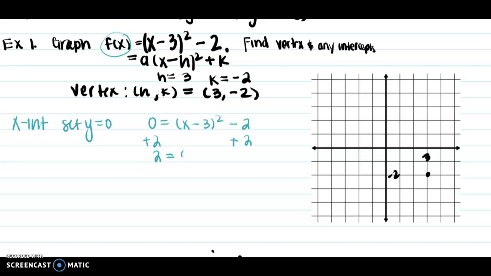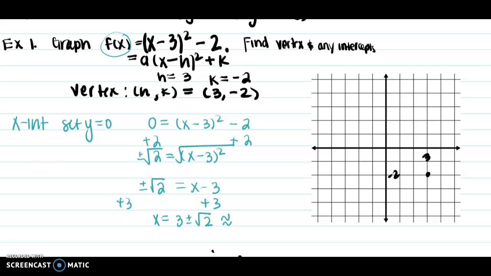You get 2 equals (x minus 3) squared, and then you square root both sides, plus or minus, and then add 3. So therefore, x is equal to 3 plus or minus the square root of 2.